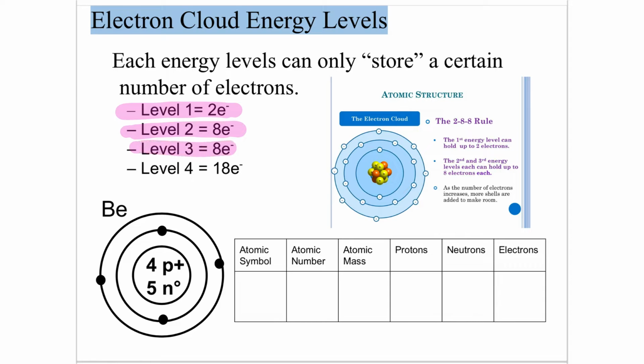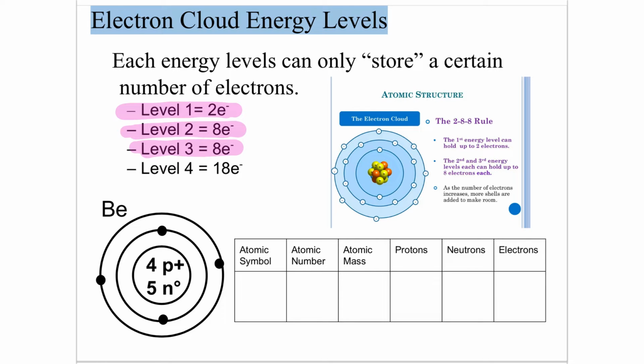The third level can only hold 8 electrons, and then level 4 is 18 electrons, and then we move on, so forth. The model with the energy levels breaks down after calcium, but for the first 20 elements, you should be expected to know how to draw the Bohr models.